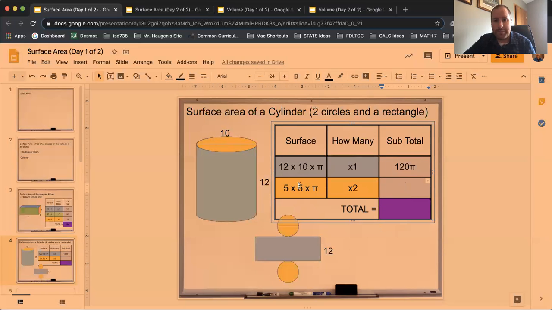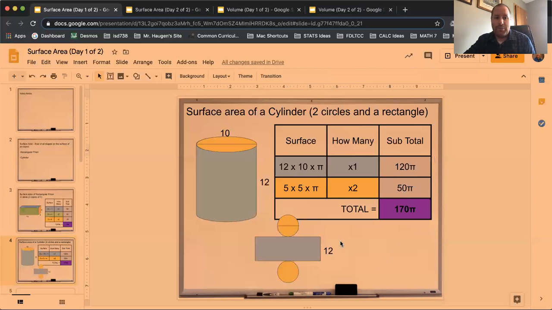I'm going to do 5 times 5 times 2, which is 50, and then I'm just going to put the pi afterwards. So when we go to the total here, I can say it's 120 plus 50. That is 170, and then just put the pi afterwards. That's fine. If you want to change that to a decimal, type in 170 times 3.14, you can as well. But sometimes it's a little bit easier to leave the pi afterwards. It's perfectly fine if you want to do that, okay?